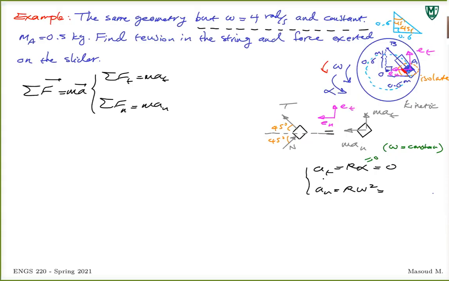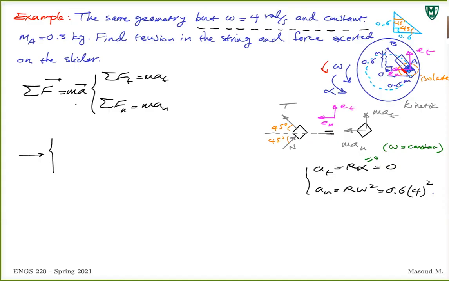So what is R? It is 0.6, exactly. Thank you. So it's 0.6, and omega is given as 4, so this becomes 4 squared. Let's just leave it like that.